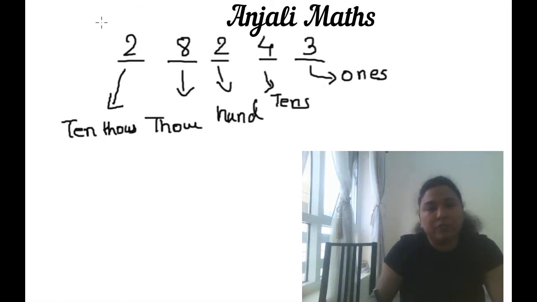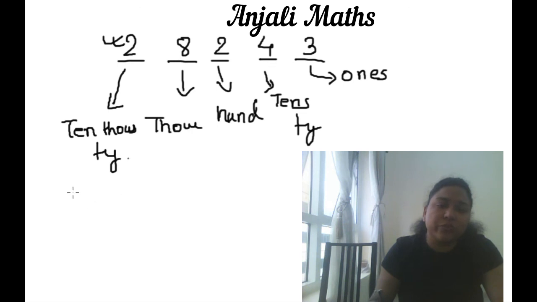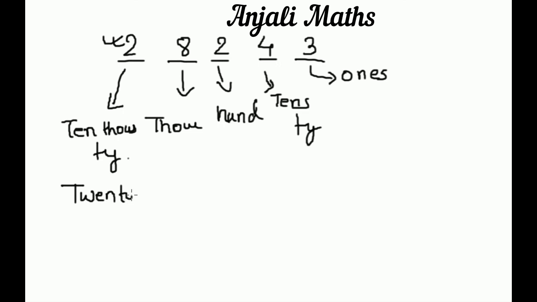Now we will start from here. Again I will repeat, as at this position we were adding ty, we will add ty here. So we will write 20. This is 2, we will write 20. If here it is 3, then we will write 30. So it is 20, and now come to this position, 8. We will add 1000.